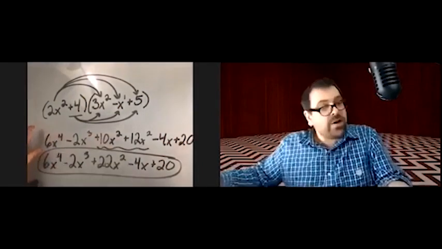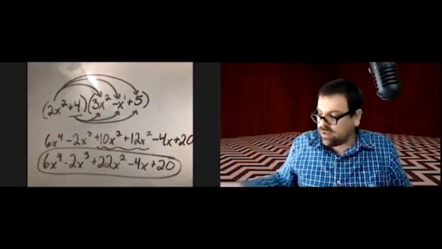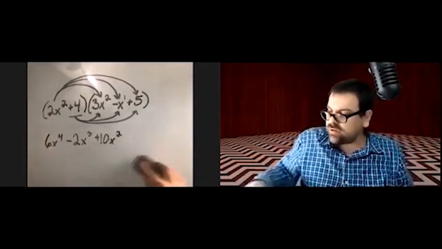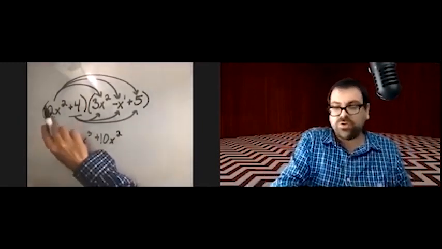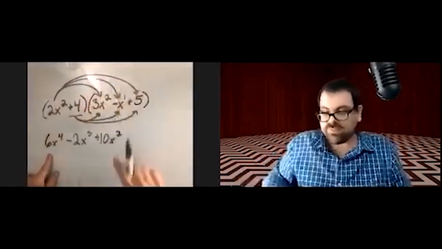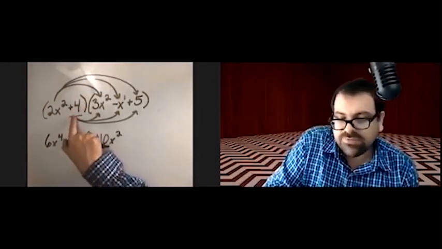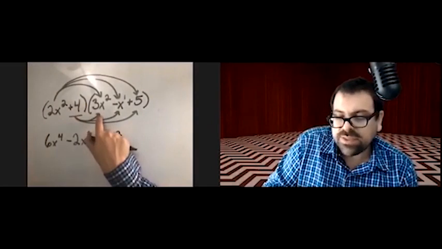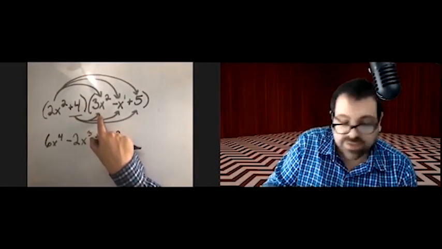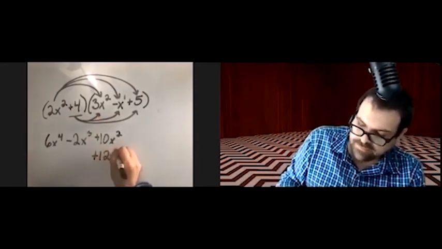Now, you don't have to write all 6 terms out in a straight line like this. Another thing you can do, after one round through, the 2x times each of those 3 things, the 2x squared times each of those: when I did plus 4 times plus 3x squared, and I got positive 12x squared, I could have also lined that up.